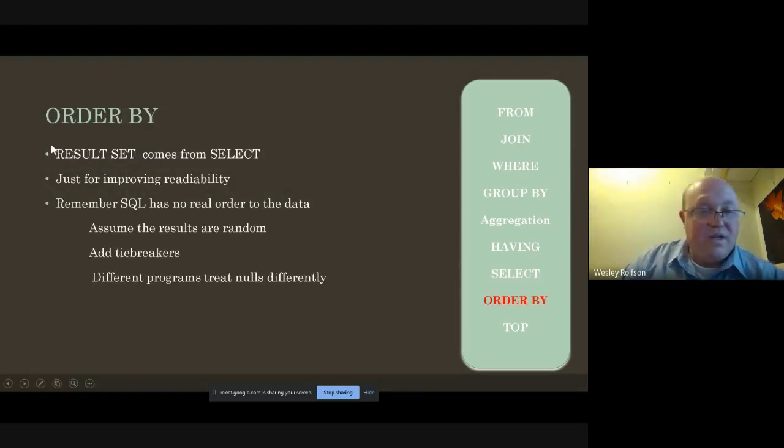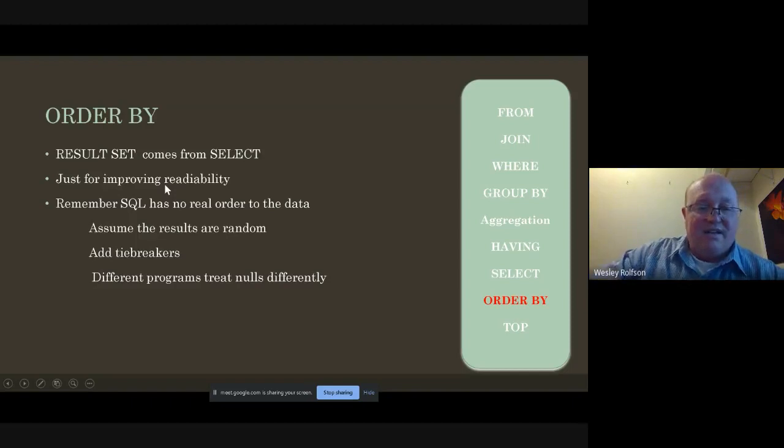And what comes out of the select statement is actually a result set. The reason we choose to use order by is that until you apply an order, there isn't a guarantee that the SQL engine is going to generate the results the way that you want them. The data is not stored in an order based on your query. It might be stored in order based on an ID, but that still isn't a solid way to reference your data, and you may not even include that in your query.